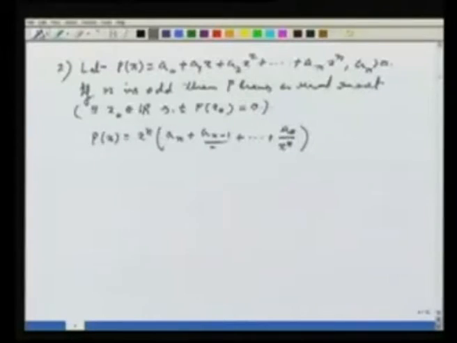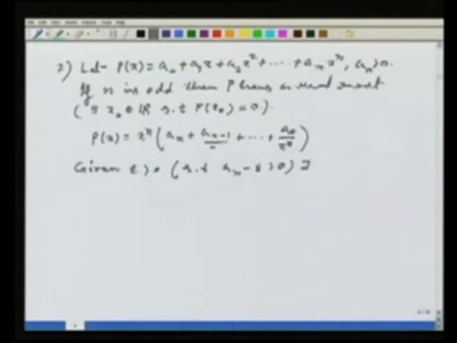Let us first write down what it means to say that the portion in the parenthesis converges to a_n. I say that given epsilon bigger than 0, I choose it in such a way that a_n minus epsilon is positive.